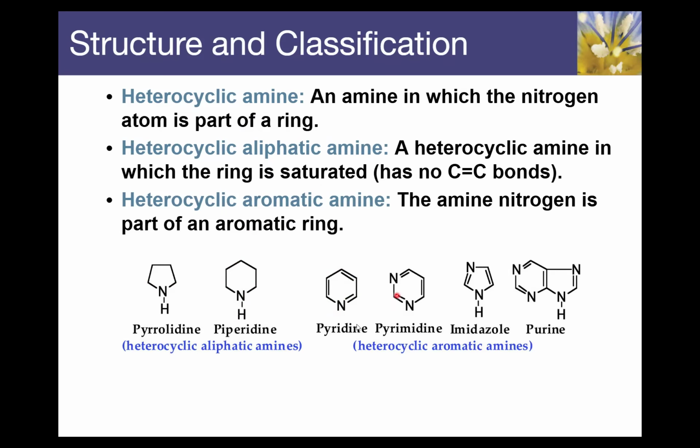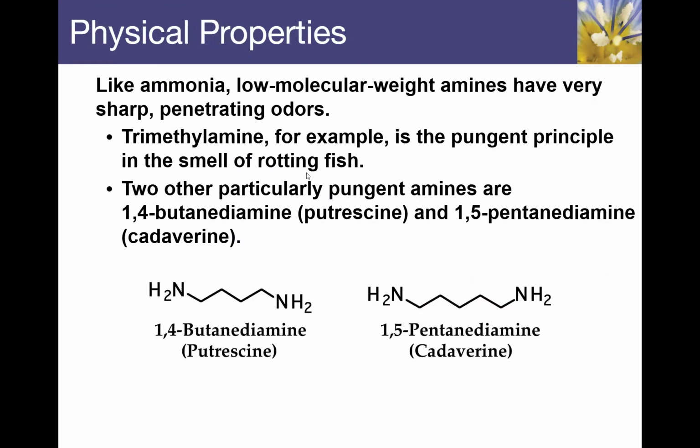You've got those double bonds involved. They don't always have to be the hexagonal shape. It could even be like purine here. And these aromatics, I'm telling you, are very strong in smells.